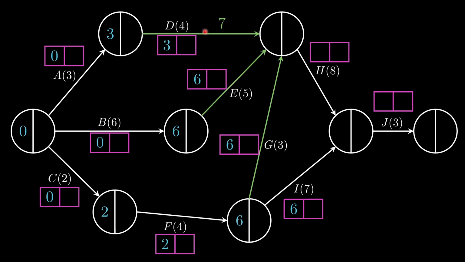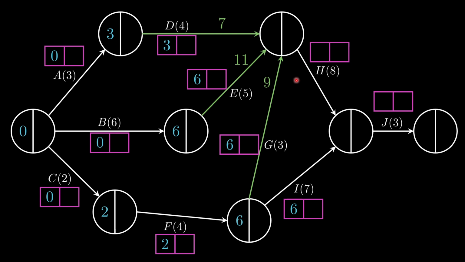Okay, but D's not enough. I've got to do the other 2 as well, remember? So what about E? Well, E starts on day 6, and it takes him 5 days. So that means that he'll be done on day 11. Okay? But remember, D and E aren't enough. I have to do G as well. So what about him? Well, he starts on day 6 too, but he takes only 3 days, so he'll be done on day 9. Earliest time, right?